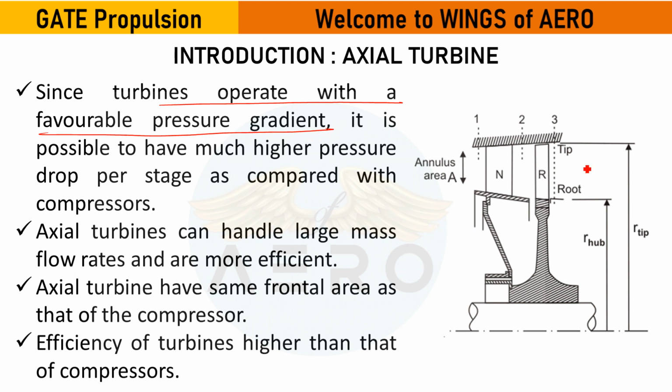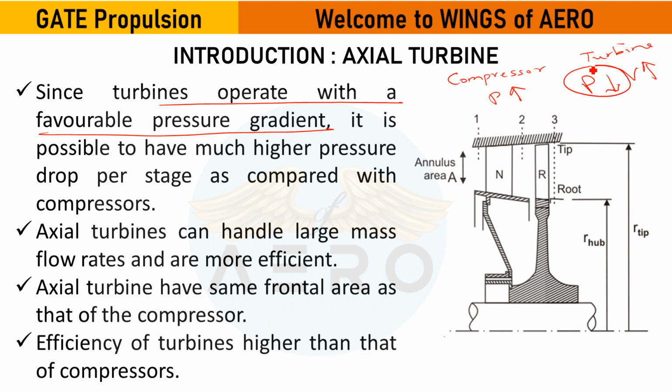Now again, at the beginning of the discussion between the turbine and the compressor, I said that the purpose of the compressor is to increase the pressure, right? And the turbine is to accelerate the flow or generate power. So the pressure will be low and the velocity will be high.